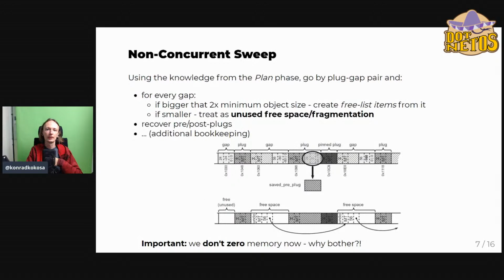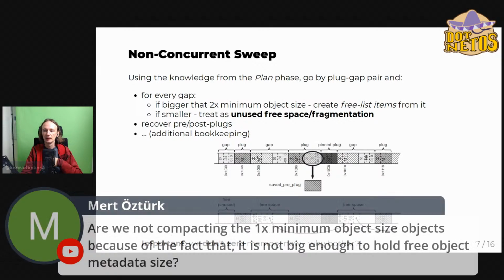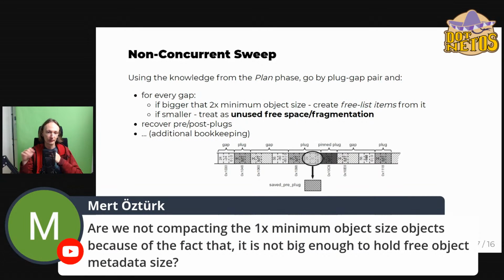And the question from Mert, if I'm spelling it correctly, is a very good one. Yes, this is the second reason. So are we not compacting the minimum size objects because there would not be enough space to hold the free object metadata size and the pointer in the end also?